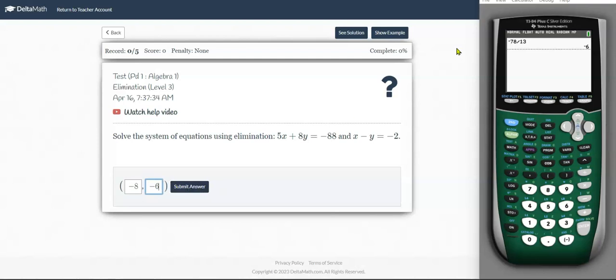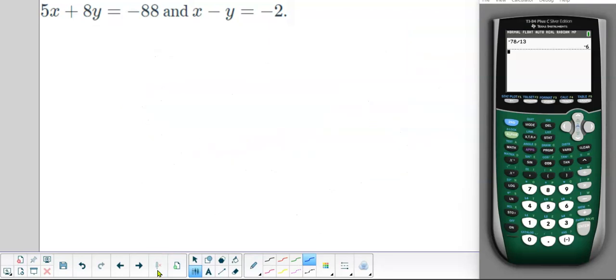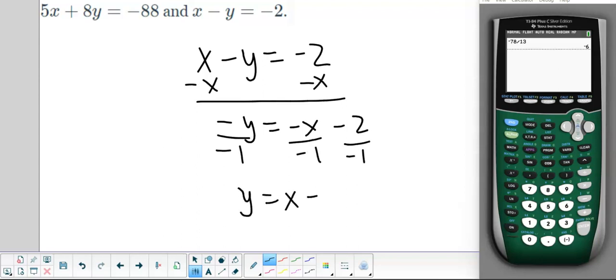Now before I check this answer, I could also use my graphing calculator, but in order to do that, both of my sentences would need to be in y equals form. So my y would need to be by itself. So here's my second sentence. If I isolate y, I'm going to subtract x, and then I'm going to divide by negative 1, giving me x plus 2.